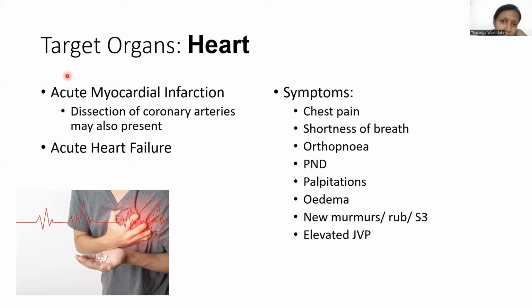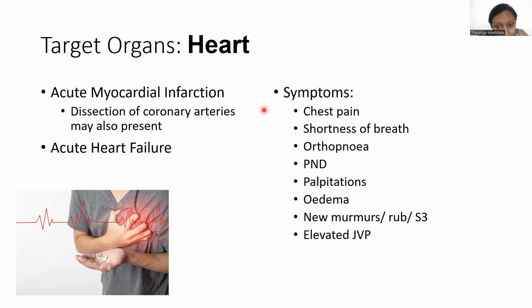Now, if your patient is complaining of these things, chest pain, shortness of breath, orthopnea, paroxysmal nocturnal dyspnea, palpitations, edema, murmurs, rubs, third heart sound, elevated JVP, so these are all suggestive of an acute cardiovascular disorder.